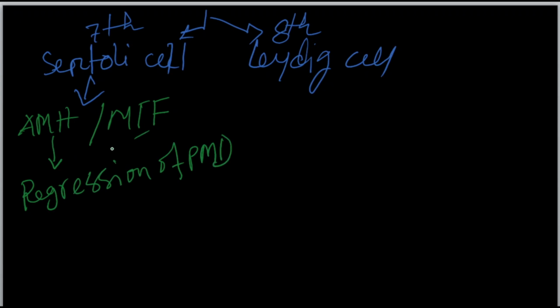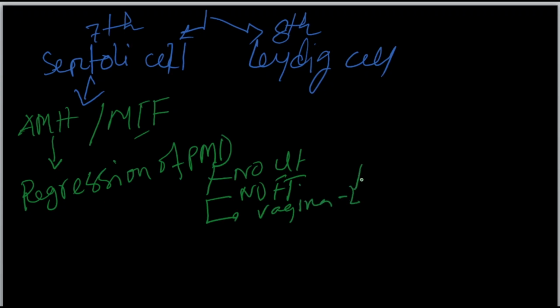As there is AMH, there is regression of the paramesonephric or Mullerian duct, so there is no uterus, no fallopian tube, and no development of vagina. There is no formation of female internal genitalia. It occurs within 8 weeks.